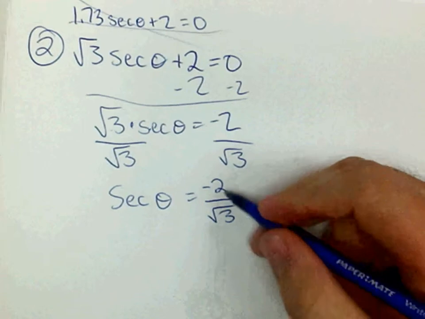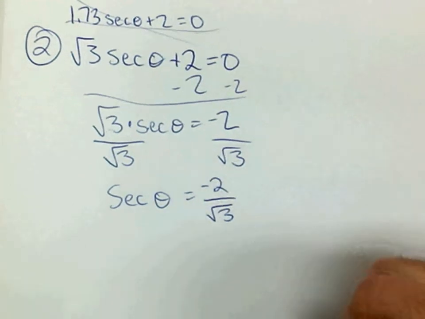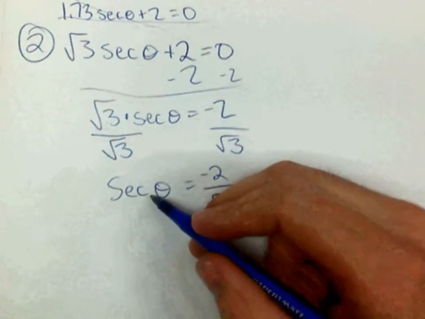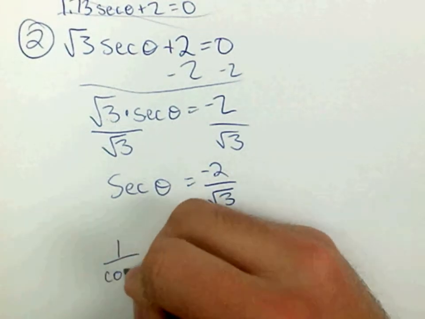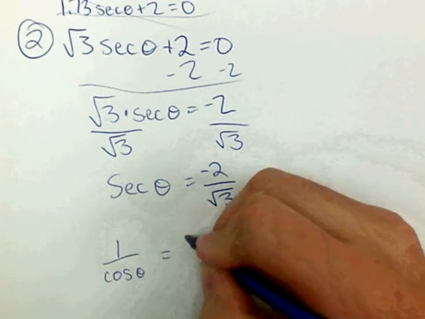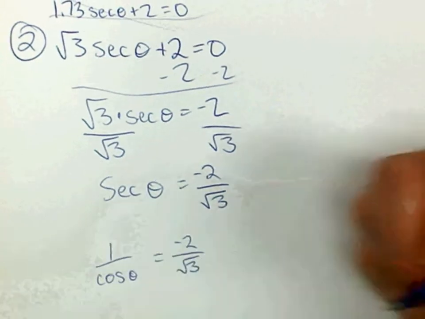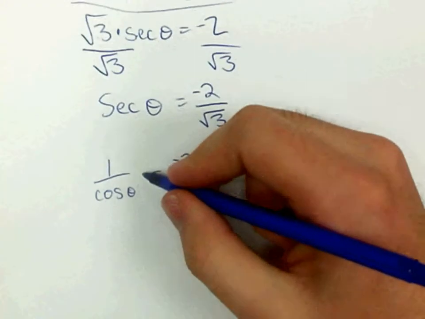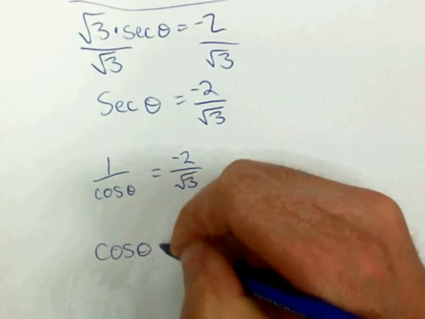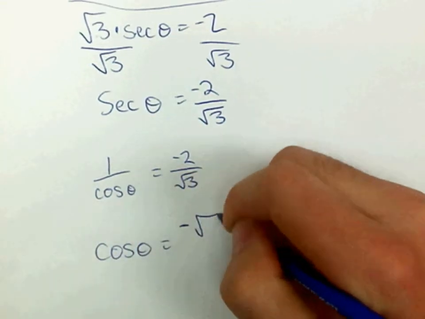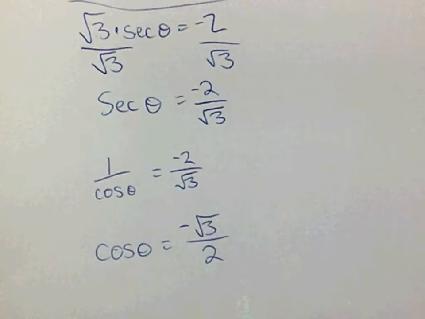Normally, we would rationalize our denominator, but because this is secant, and we don't have an inverse secant button, we're going to change that to 1 over cosine theta, which is -2 over square root of 3. And when we take the reciprocal of this side, we also take the reciprocal of the right side, and we get cosine theta equals negative square root of 3 over 2.